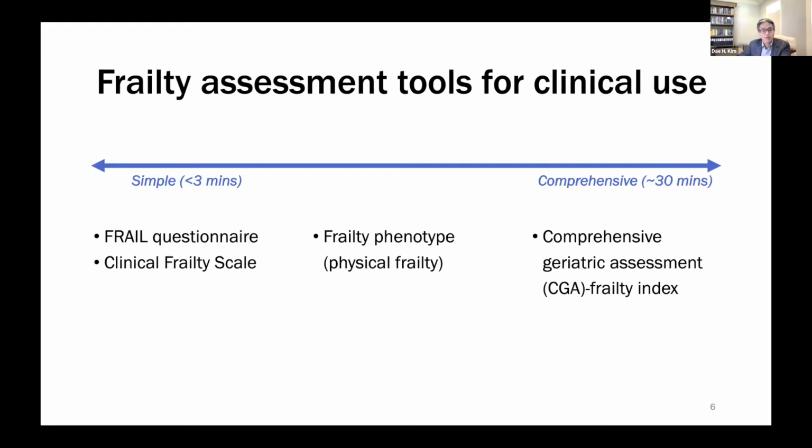A number of validated tools have been developed to measure frailty in clinical practice. Some measures, such as the FRAIL Scale questionnaire or the Clinical Frailty Scale, are simple bedside tests, while others require measurement of physical performance or comprehensive geriatric assessment, or CGA.